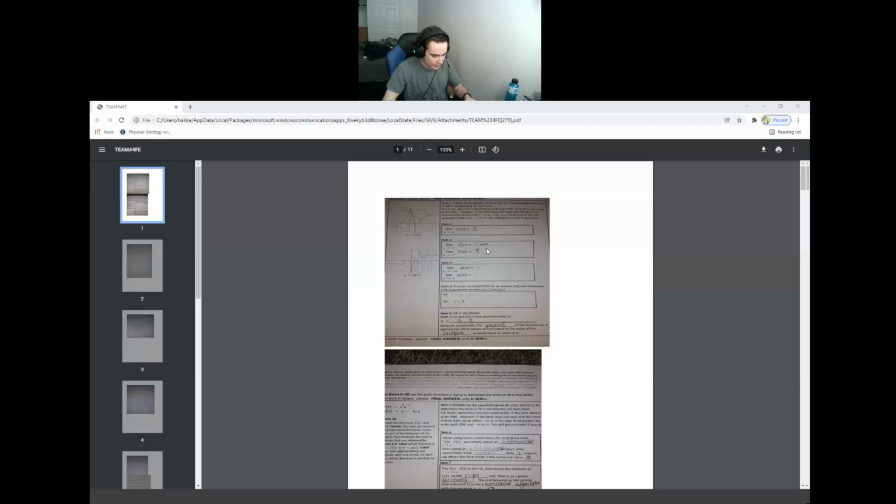It asks to find the limit as x approaches 2 from the left as well as 2 from the right of the graph of f of x. And looking here, I see f of x from the left approaching 2.